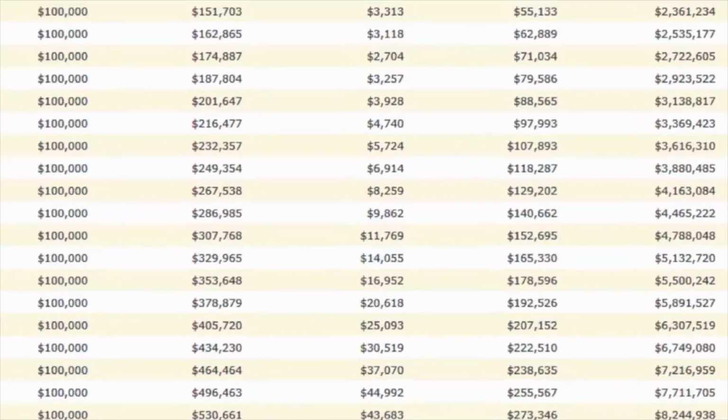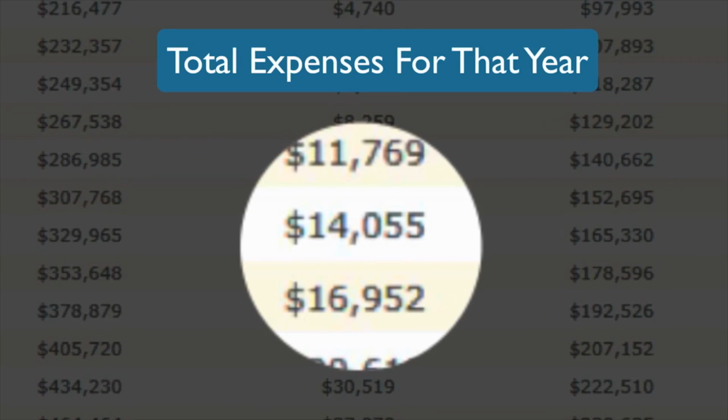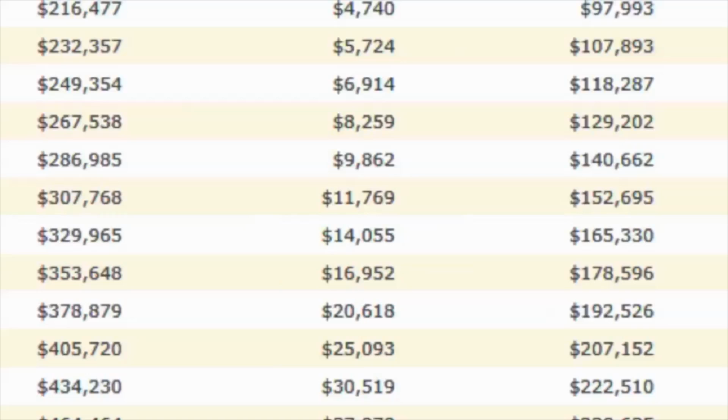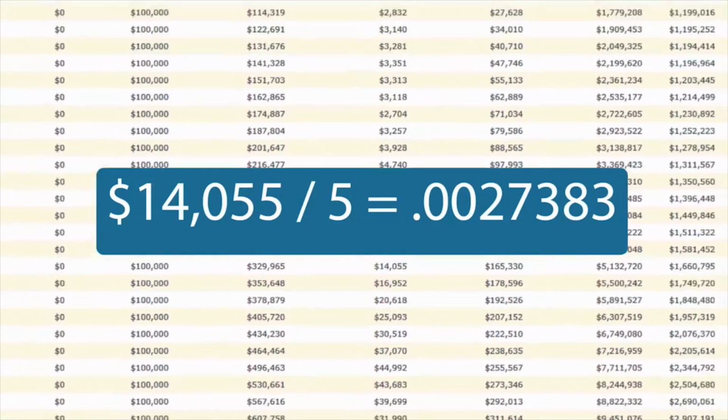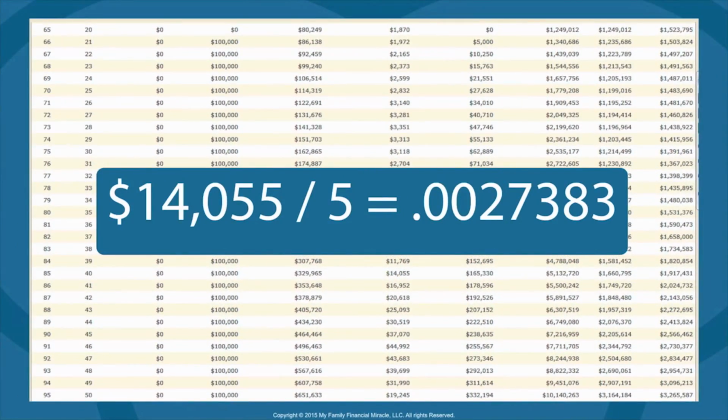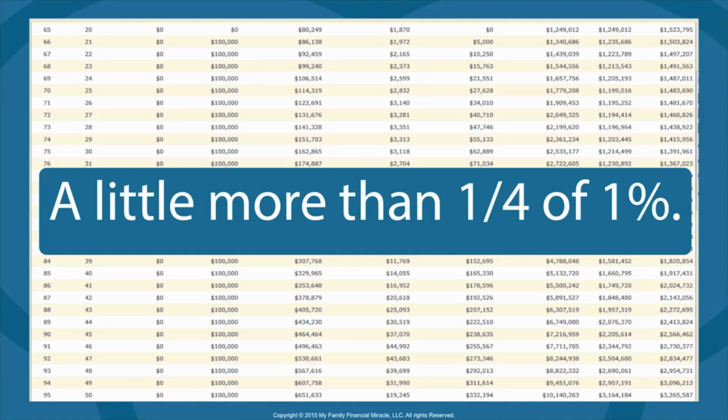Notice that our expenses during year 40 are $14,055. Now that may sound like a lot of money, but let's talk about what I'm getting for $14,000 that year. First of all, $14,055 divided by 5.1 million equals 0.00278. That is 0.273% or a little more than 1/4%.